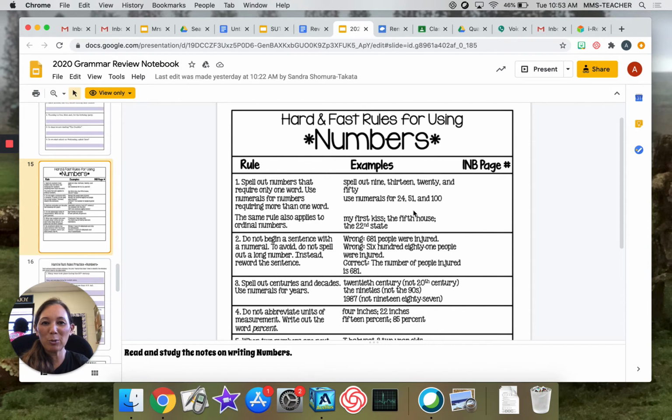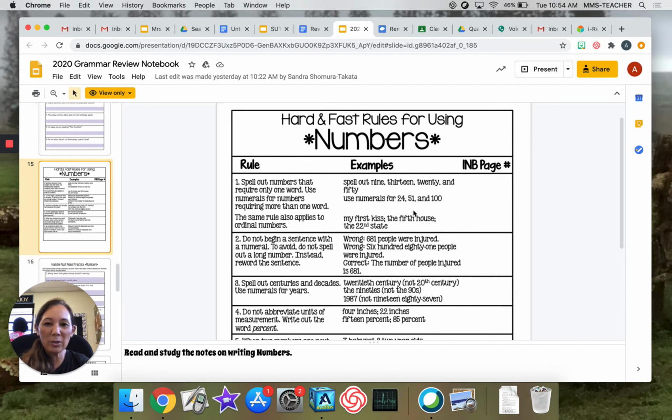So here's the first rule. Number 1, spell out numbers that require only one word. Use numerals for numbers requiring more than one word. For example, spell out 9, 13, 20, and 50.